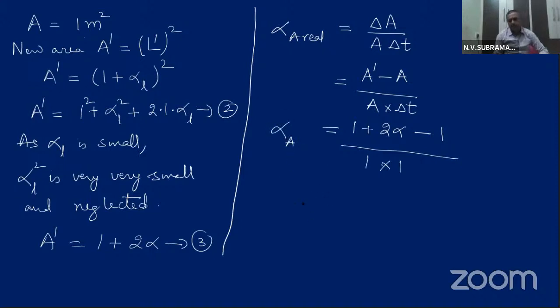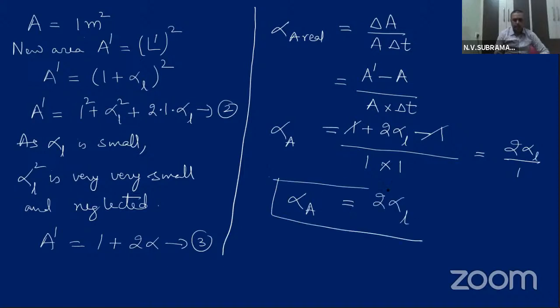I will call it alpha A. Alpha A is equal to minus 1 plus 1 cancel. This is 2 alpha divided by 1 into 1, which is 1. That means 2 alpha L, the linear one. That means I got alpha A is 2 alpha L. Are you clear, children?